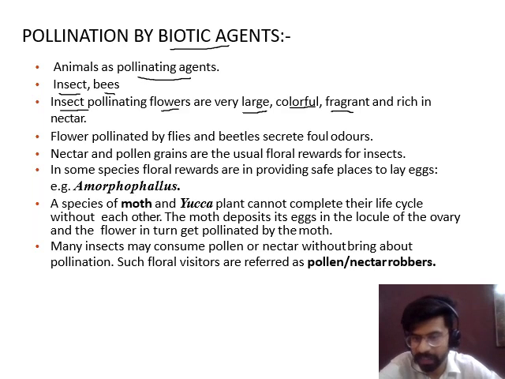Fragrance also attracts the insect. And the flower should have nectar. Nectar means a honey-like, liquid substance, so that the insect will be attracted towards the nectar. Sometimes flowers also have some smell, or you can say foul fragrance also.